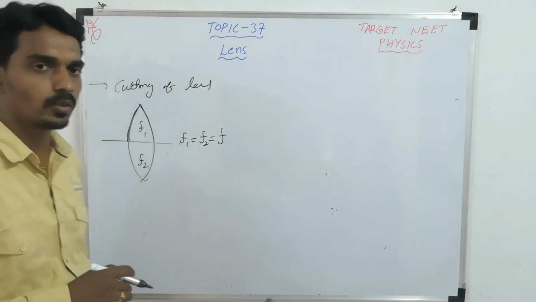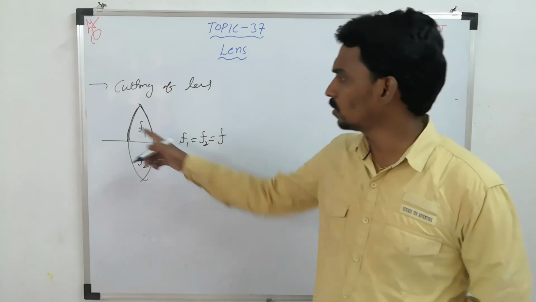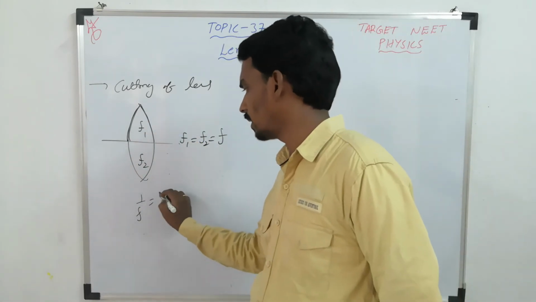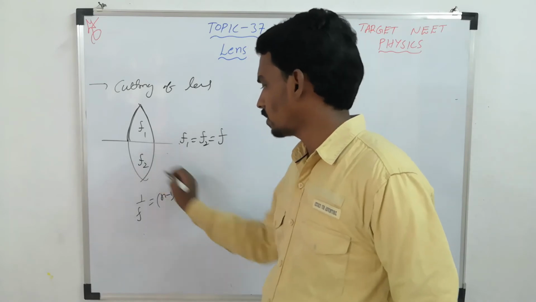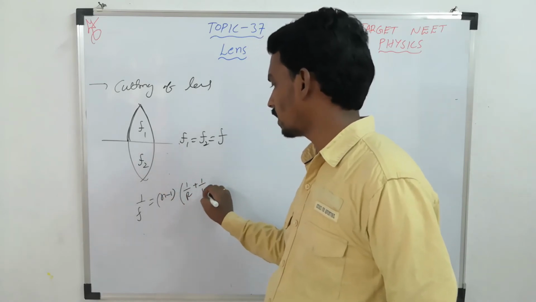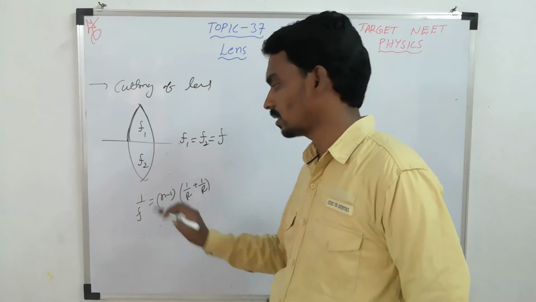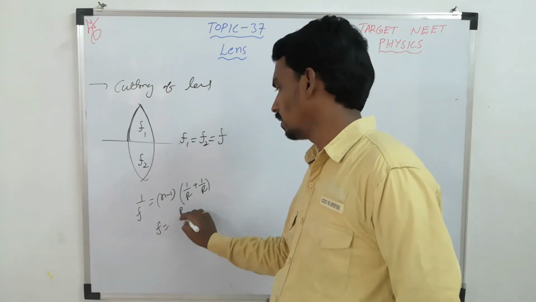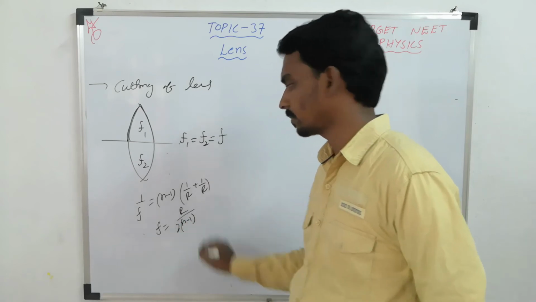There is no change in focal length because the curvatures are the same. Like for the big lens, 1 by f is n minus 1, first one is r, second one is minus r, so minus of minus is plus. This is the focal length: f equals r by 2 into n minus 1.